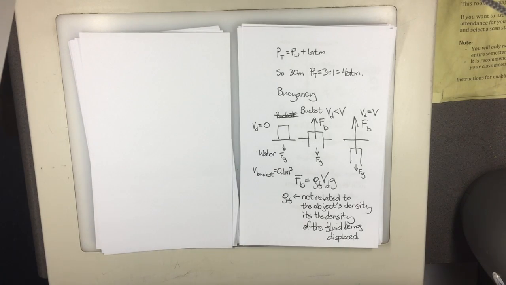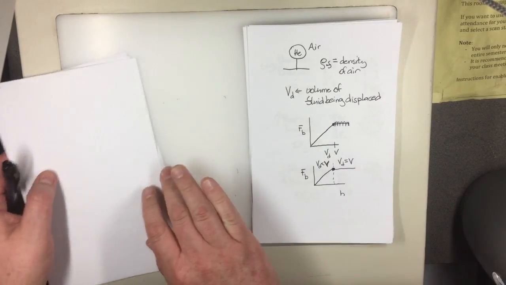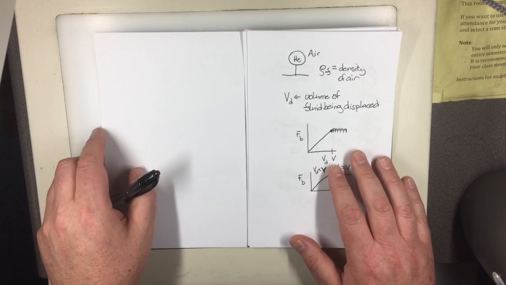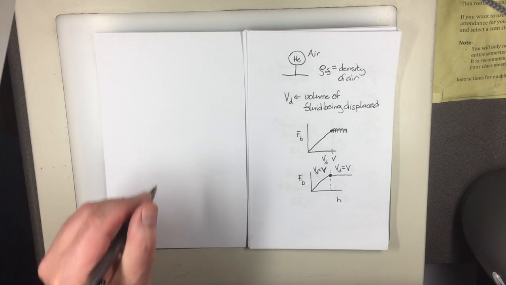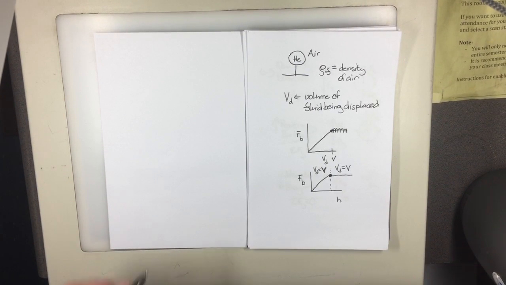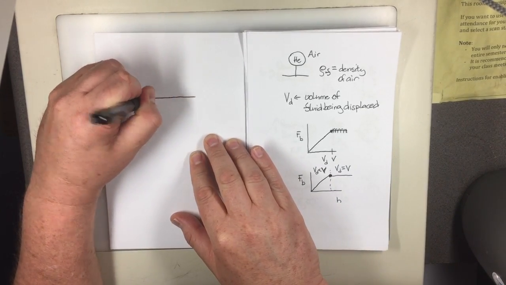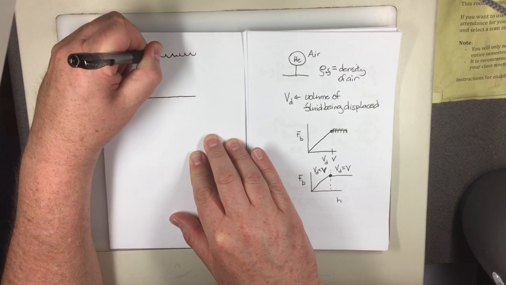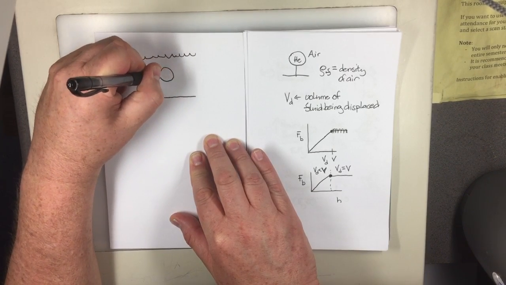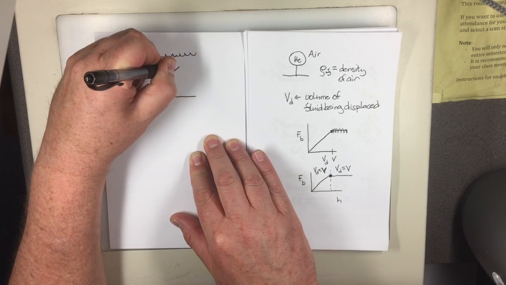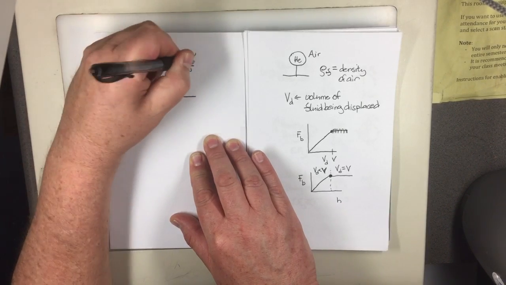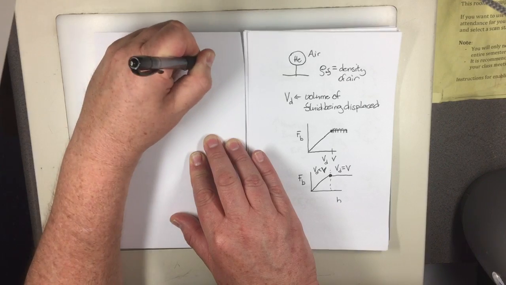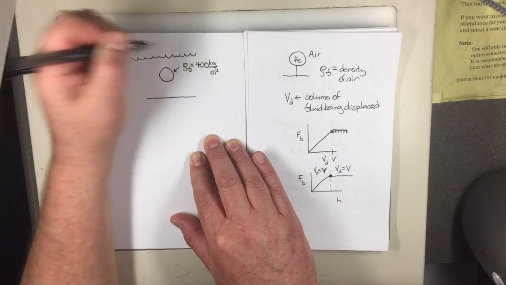Now, the types of buoyant force problems that we get are something like this. Trying to think of an easy one. So in our tank, we have a sphere of foam where the density of the foam is 400 kilograms per cubic meter.